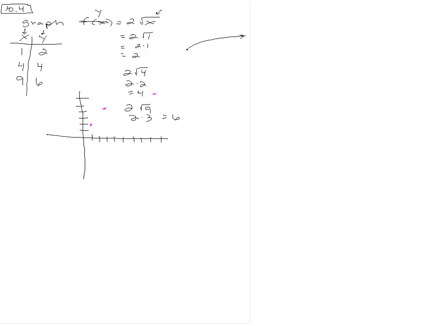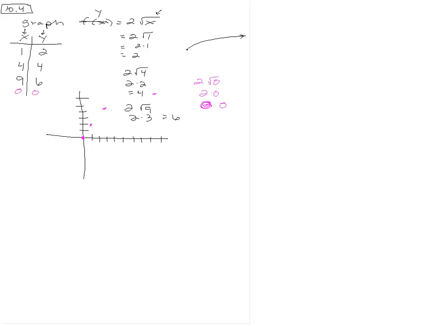And one other number we need to put in there is 0. Let's say when x is 0, you get 2 times the square root of 0, which is 2 times 0, which is 0. Okay, so you also have this point. That's where it starts. X can never be a negative number. You can't put a negative number in a square root.